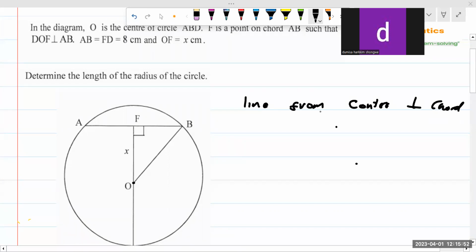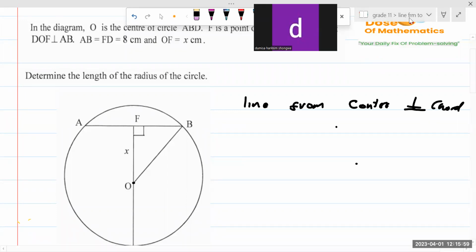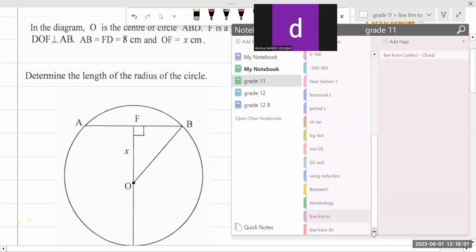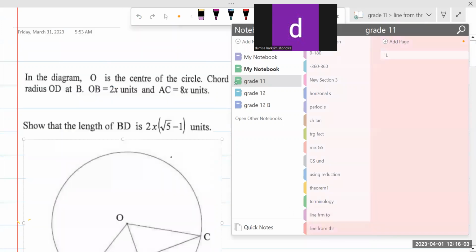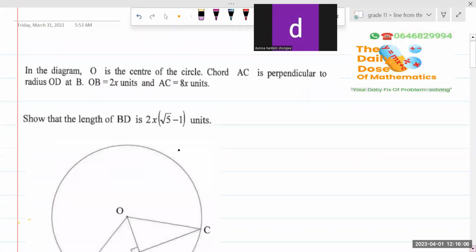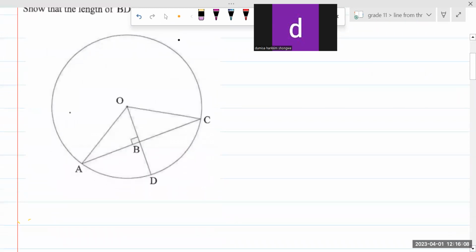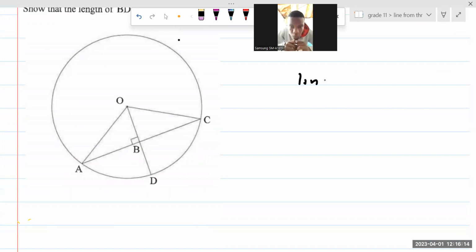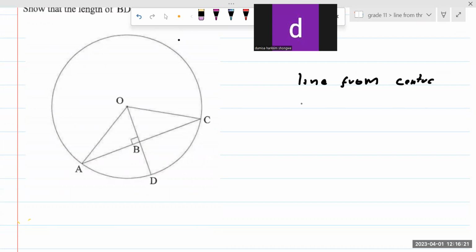Okay, so we have a line from the center perpendicular to a chord here. I want us to go through this activity once more. Let's just look at the following here, and then you'll just tell me what is it that we have. What do you think we have on this diagram here? Is the line drawn from the center and perpendicular to the chord. Okay, this is line from center, and then this is perpendicular to the chord.